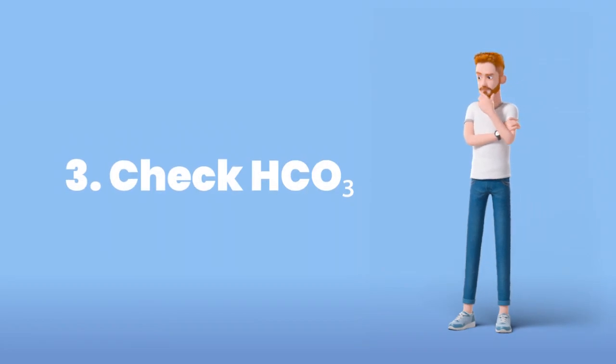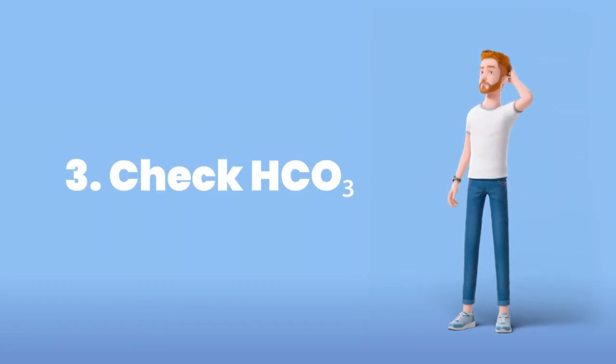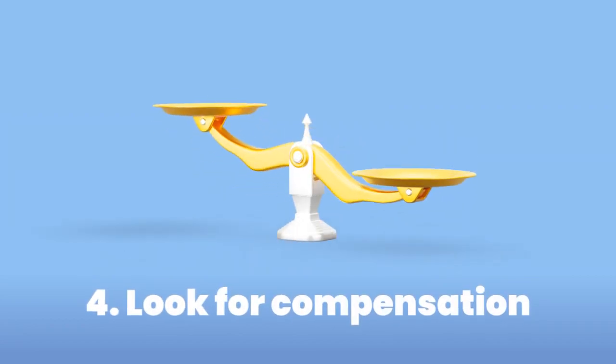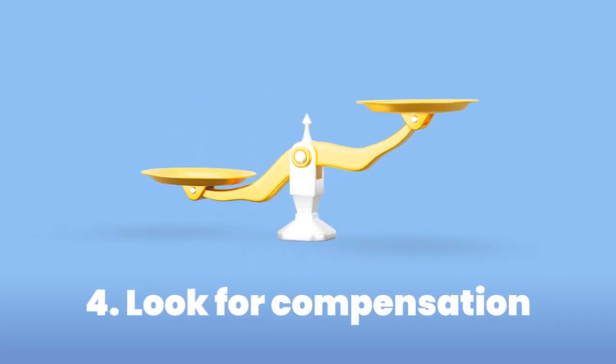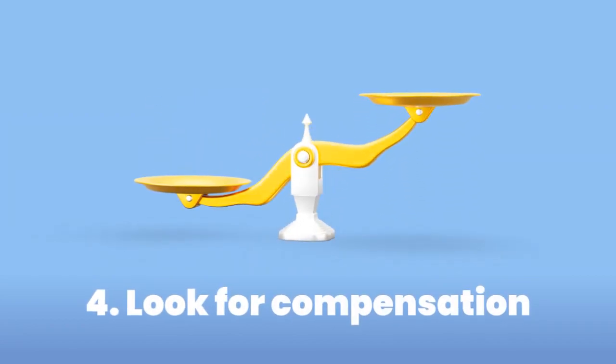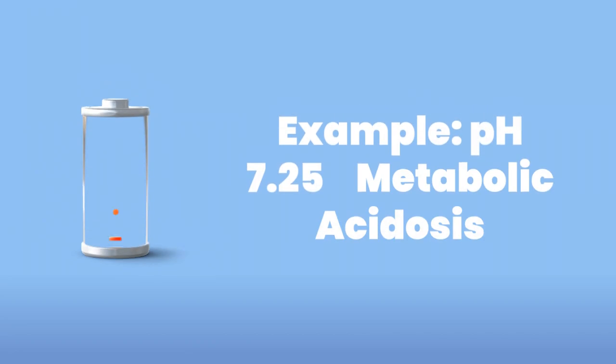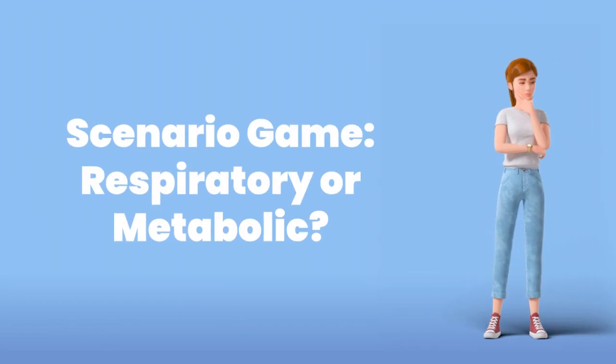Check HCO3-, metabolic problem. 4. Look for compensation: kidneys or lungs try to restore balance. Example: pH 7.25, PaCO2 40, HCO3 18. pH low, HCO3 low, metabolic acidosis.